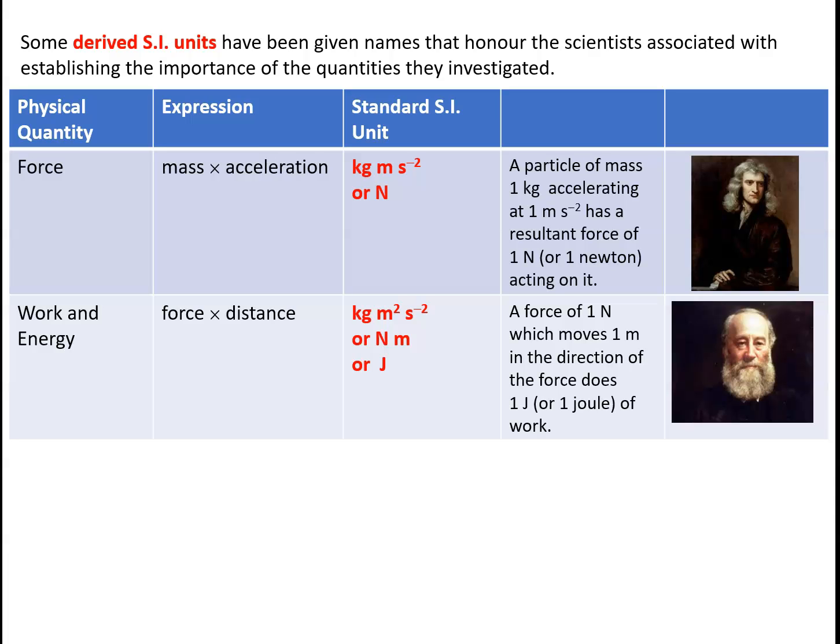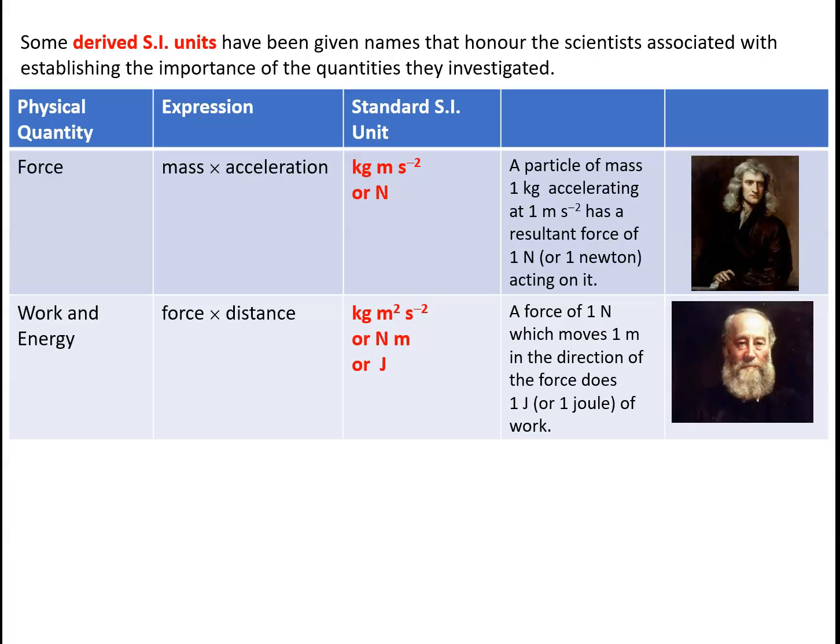The unit for work and energy, the formula for work and energy is force times distance. So the unit for force is kilogram meter per second squared, and we've got to multiply that by distance. So that's kilogram meter per second squared times meters.